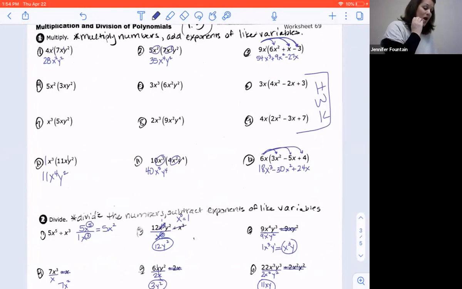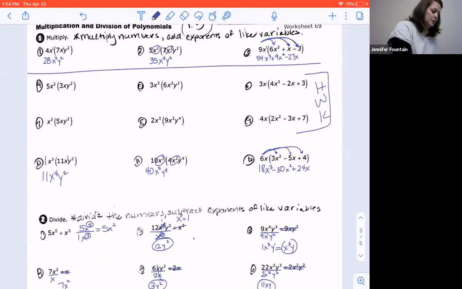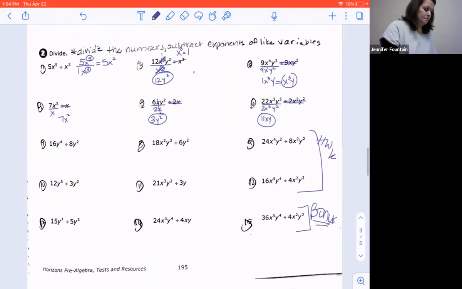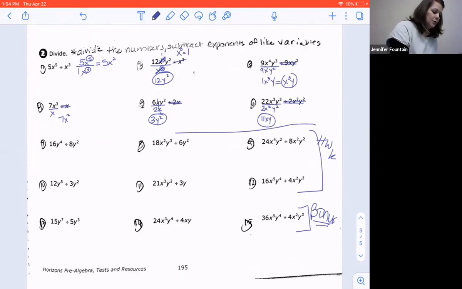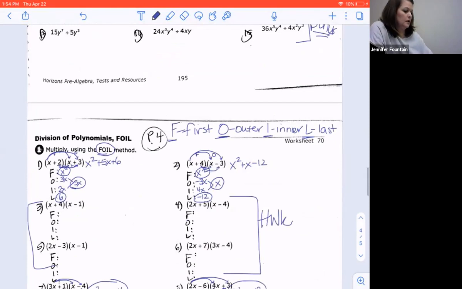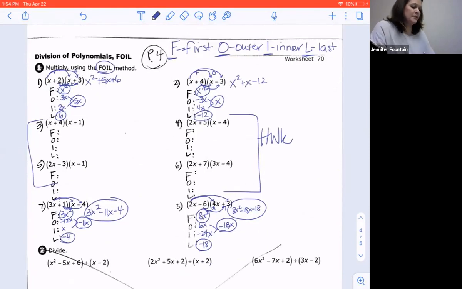Multiplication, middle section, section 1 will have 4 through 9. The division, we will have 7 through 12. And then 13, 14, 15 will be bonus. And then on the last page, 3, 4, 5, and 6. If you have any questions, let me know.